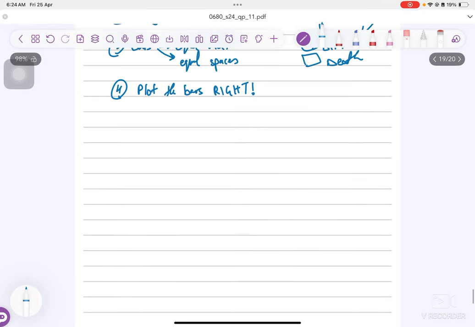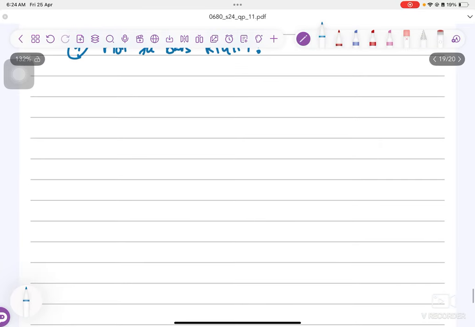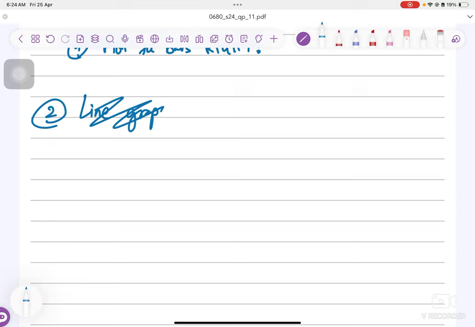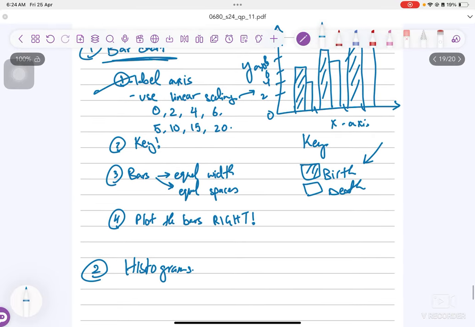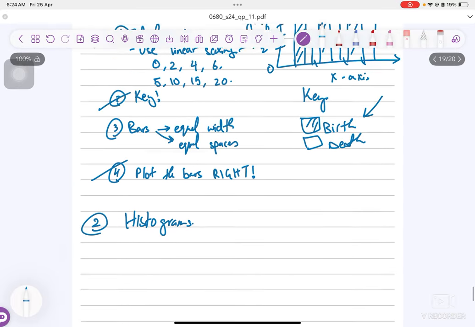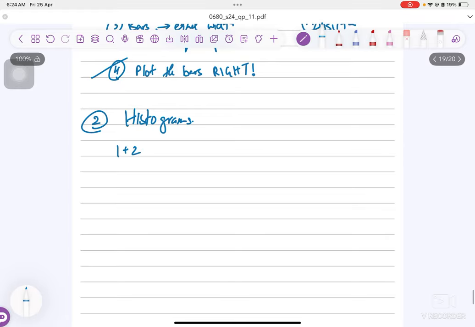Now, next we're going to talk about the line graph. No, before that, let's talk about histograms. Histograms, you're going to do exactly the same as steps 1, 2, and 4. They're going to be the same as the bar chart.